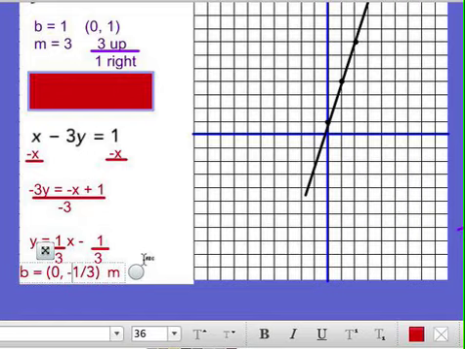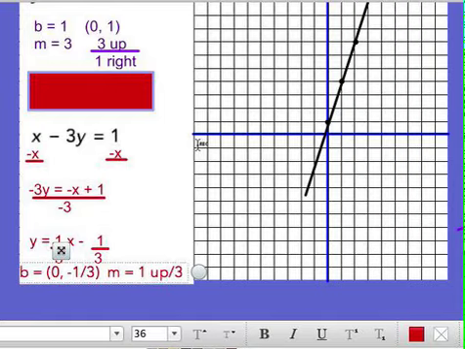Don't forget your signs. And our slope is a positive 1/3, so that means 1 up and 3 to the right.